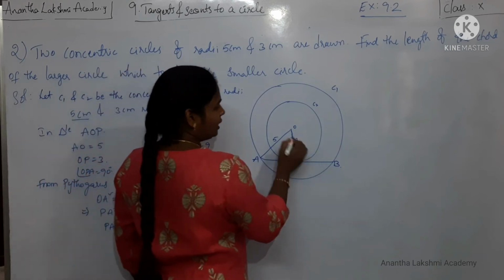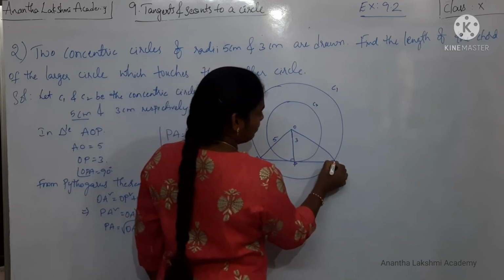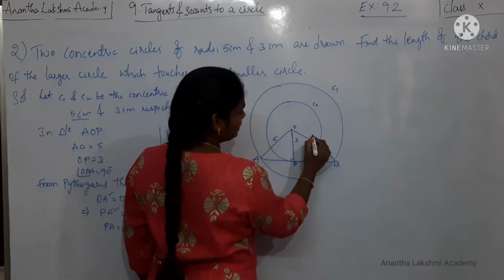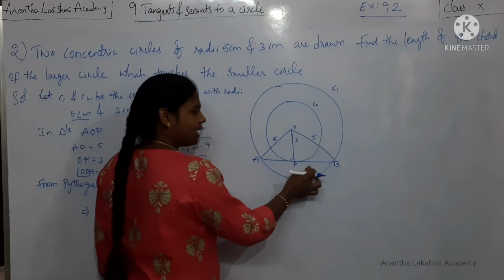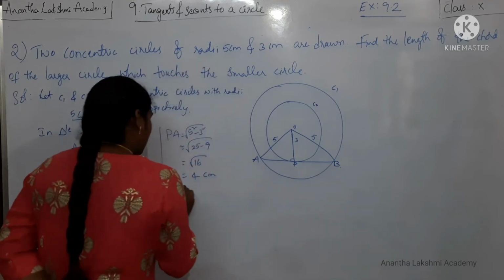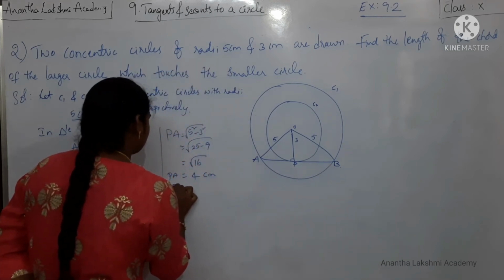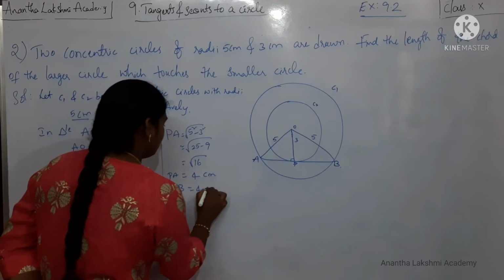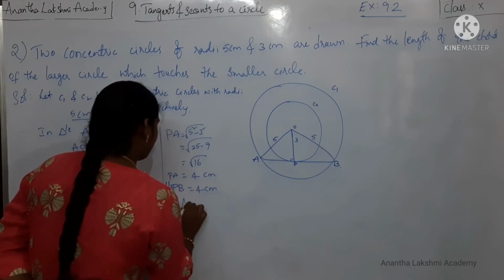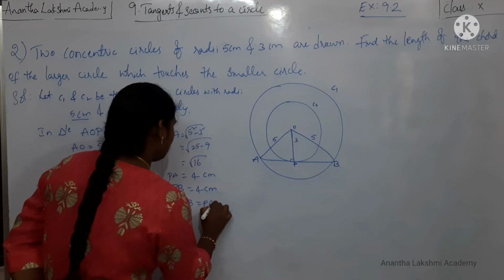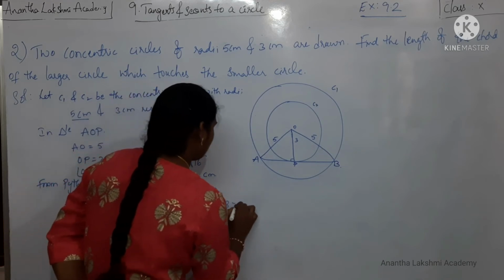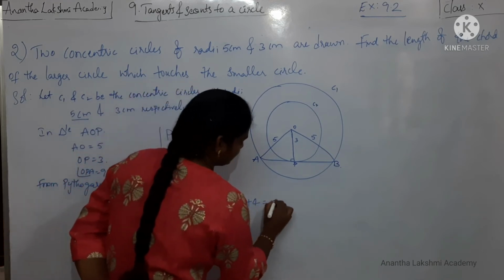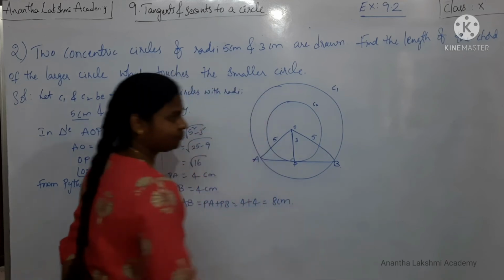So if you draw one more point from O to B, this is also 5. The same will happen and PB also ends up as 4 centimeters. Therefore, AB is equal to PA plus PB is equal to 4 plus 4 and this is 8 centimeters.